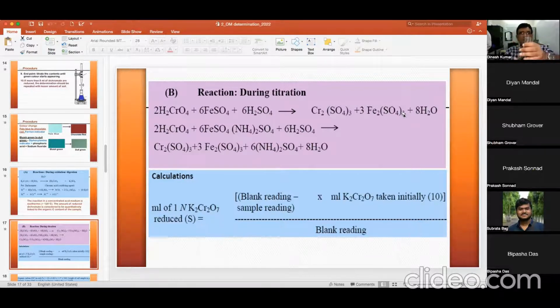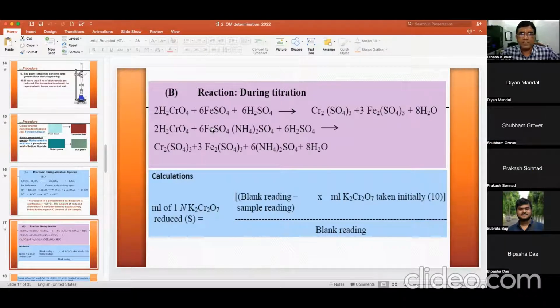This is the sample, and this is chocolate red color. May not be very visible to you. So chocolate red color comes when you use ferroin indicator. So this is the reaction during titration.